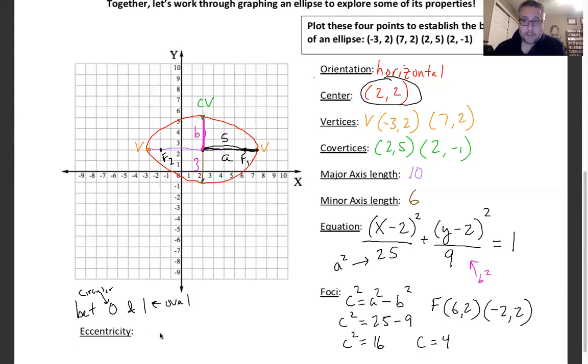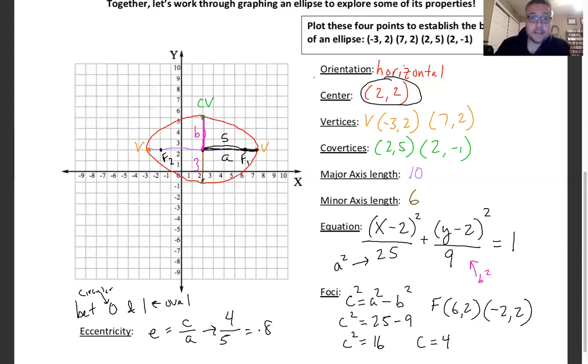It's gotten by the formula: the eccentricity is equal to the c value divided by the a value. So the c value was 4, and if a squared was 25, then a would be 5. So it's 4/5, which is 0.8. Okay, 0.8 is closer to 1 than it is to 0, so this one is more on the oval end of the spectrum.